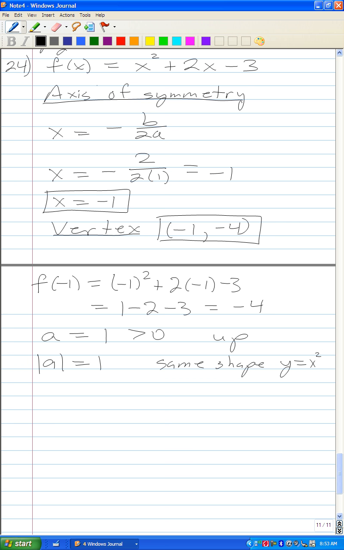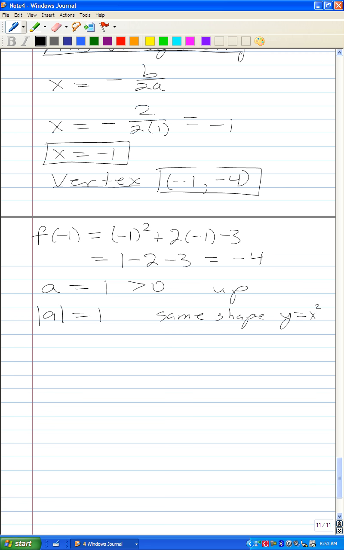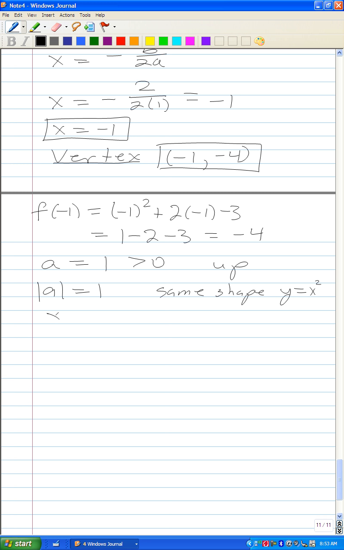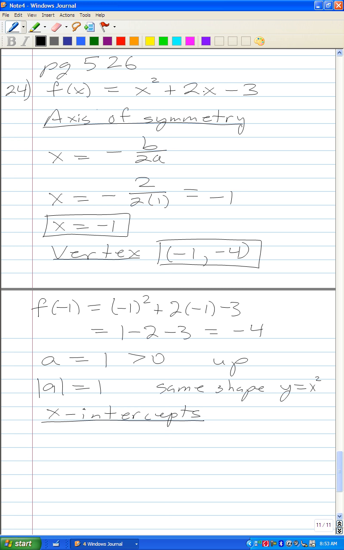Let's determine the intercepts. First, let's determine the x-intercepts. I'll just set y equal to 0.